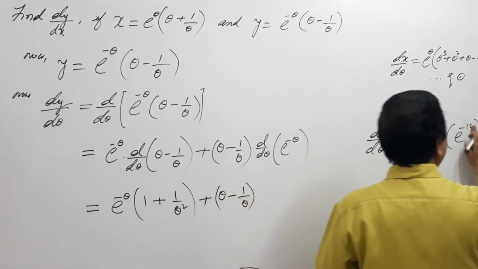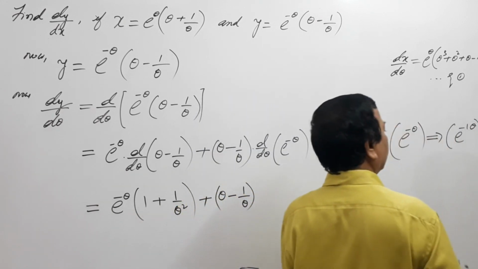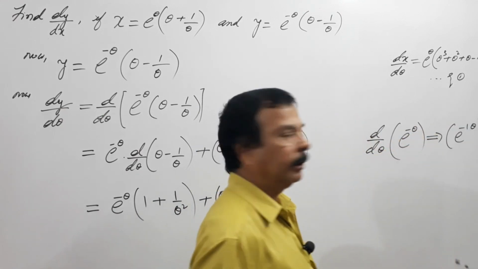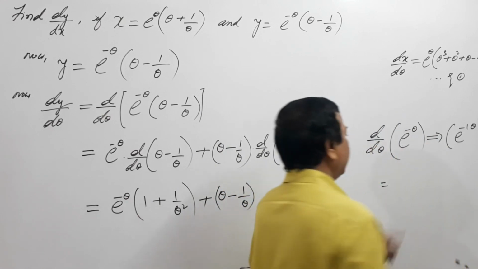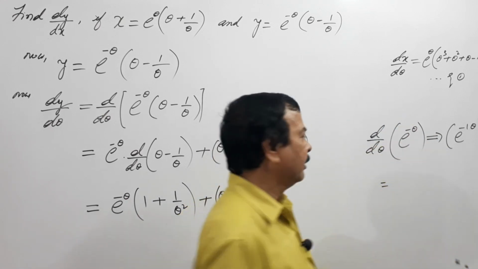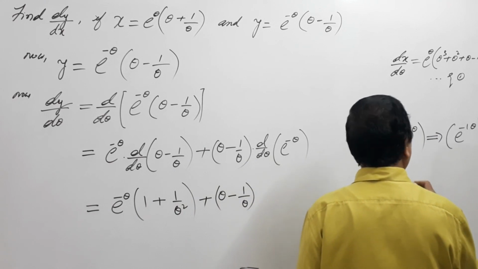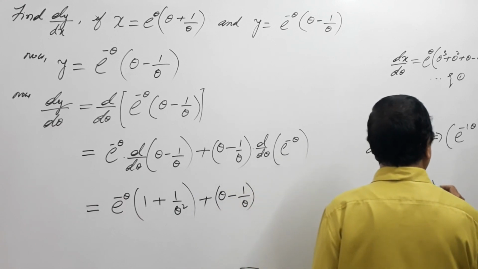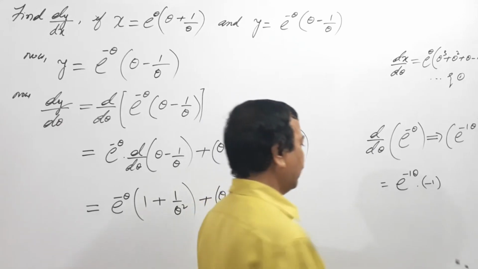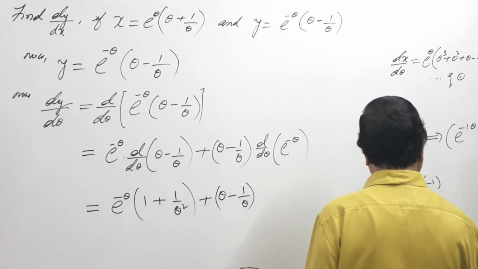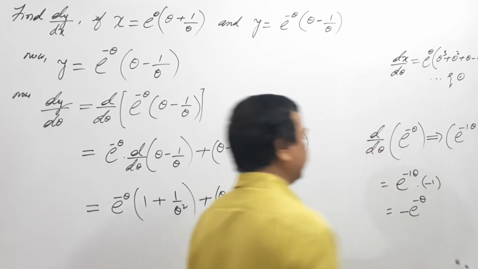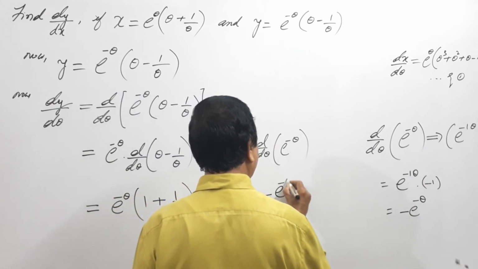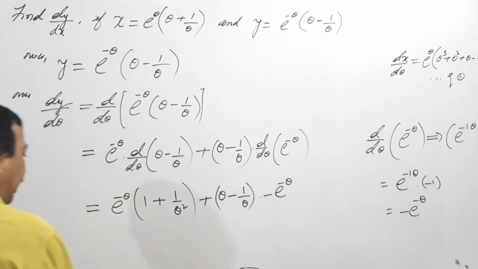It is not x, it is theta. Minus 1 theta. Done. So differentiation of e to the power of x is e to the power of x itself. So this becomes e to the power of minus 1 theta into coefficient of that, which becomes minus 1. So this becomes minus e to the power of minus theta.